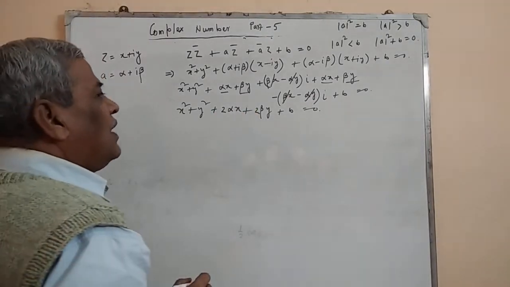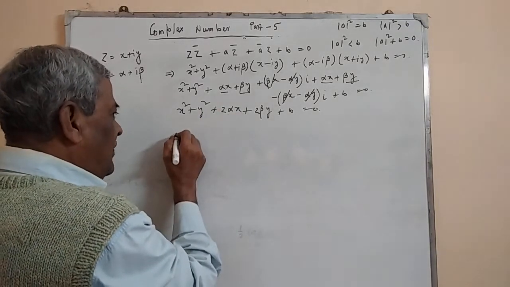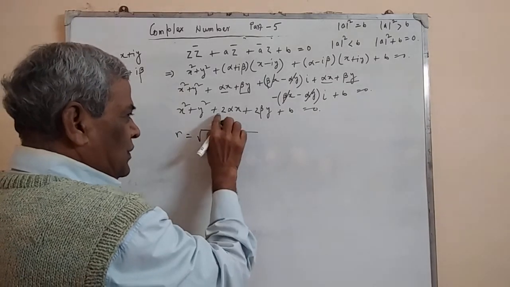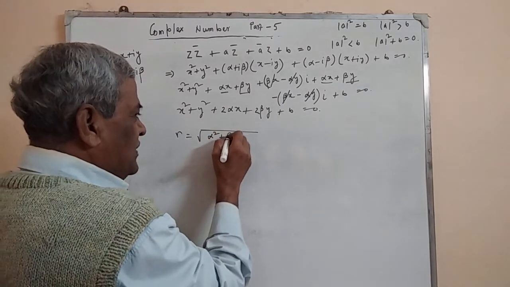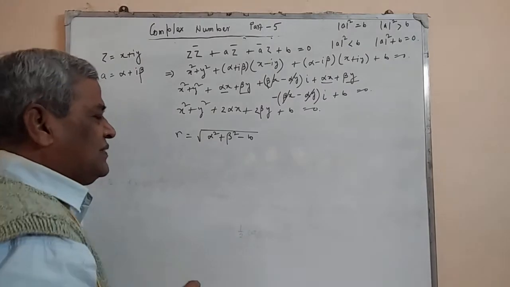So its radius r is equal to root over of alpha square plus beta square minus b. This is the radius.